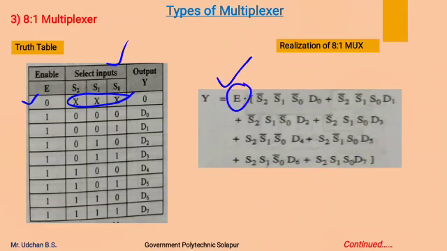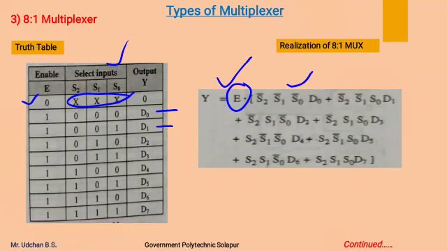E, enable input, is taken common from all the terms. For this first combination, S2 S1 S0 are 0 0 0, therefore the first term is written as S2 bar S1 bar S0 D0, as D0 line gets selected for this status of select line.